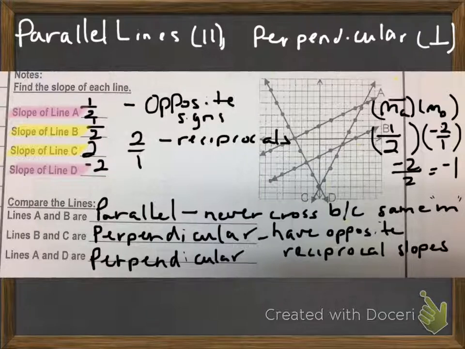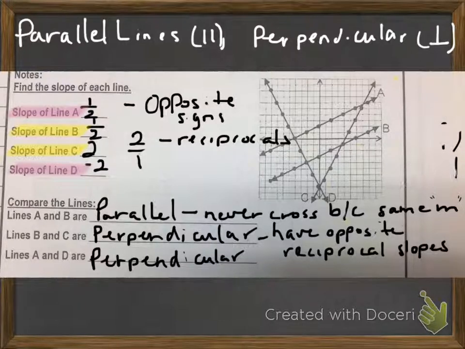Now, we've already determined this by looking at it, but let's prove this now, because in geometry we prove everything for the most part. Let's look at B and C. Let's see if they're opposite reciprocals. We're going to multiply them together.